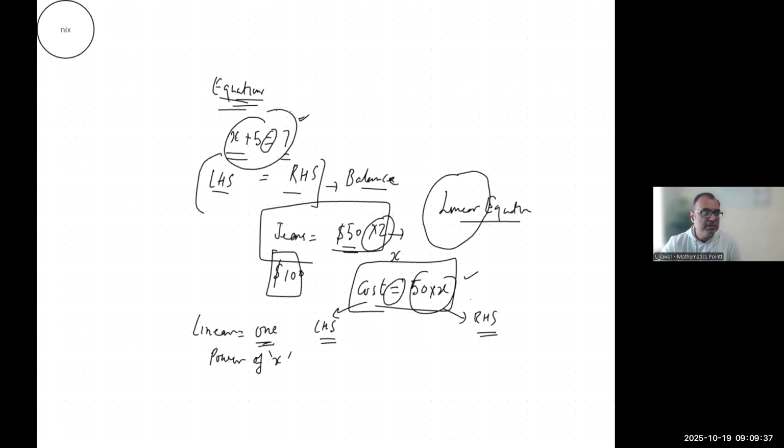So if I take this example here of x plus 5 equals 7, my x has a power of 1. So all the equations which have a power of 1 are linear equations. So that's number one. Very, very important.